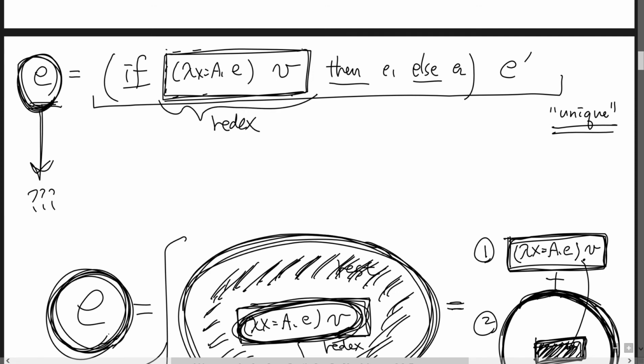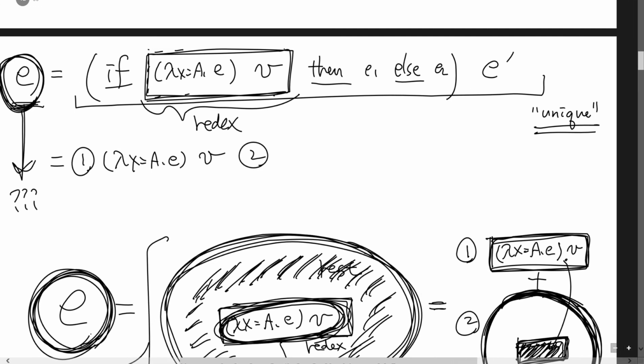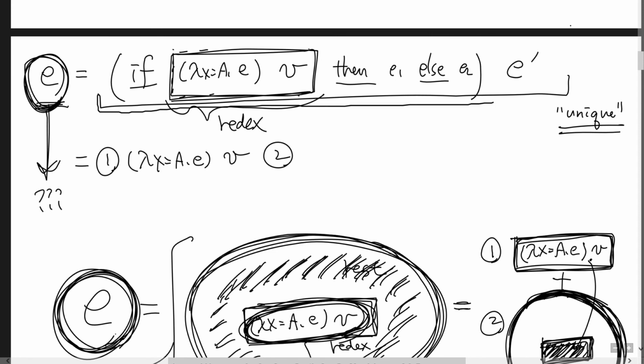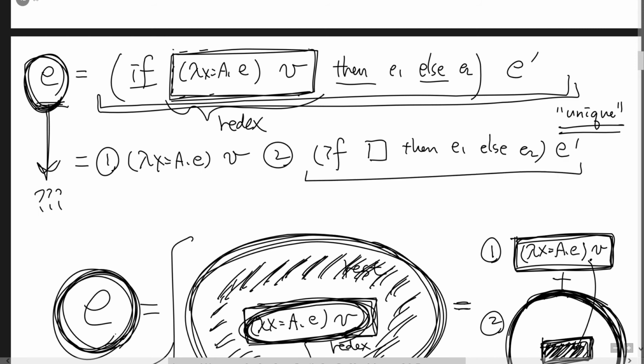So now let me decompose this one into two parts. The first part is the redex, lambda x a dot e, applied to value v. And the second is the rest of it. And the rest of it is basically the whole expression with a hole in it. And the hole is this one. And then E1 else E2 applied to E prime. So this is the second component. This is the first component, the redex.